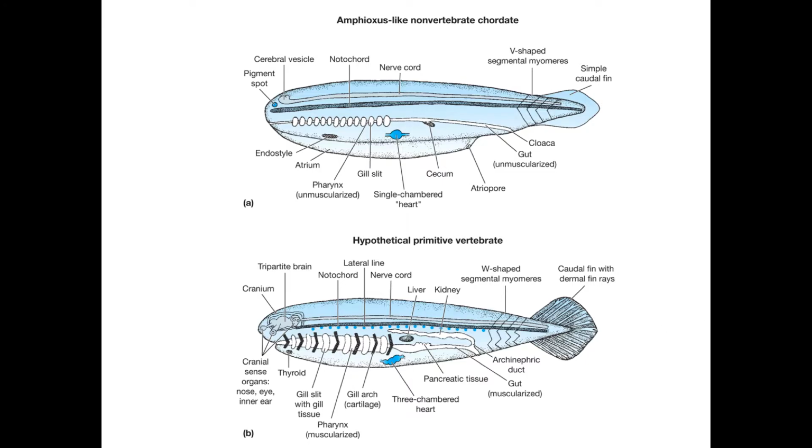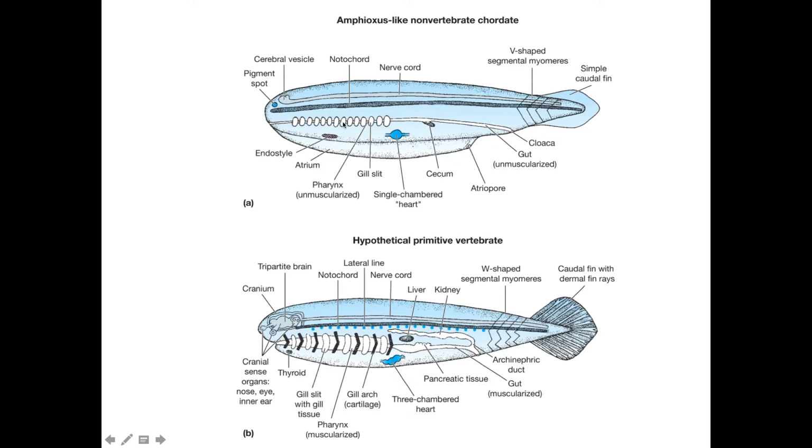The earliest vertebrates had derived characters that give them important advantages over their non-vertebrate chordate ancestors. Most conspicuously, vertebrates have a distinctive head end containing a tripartite brain, now covered with a protective cranium and linked to a bunch of sensory structures: nose, eyes, and inner ear. They use a muscularized pharynx and gill skeleton to pump water across their gills.